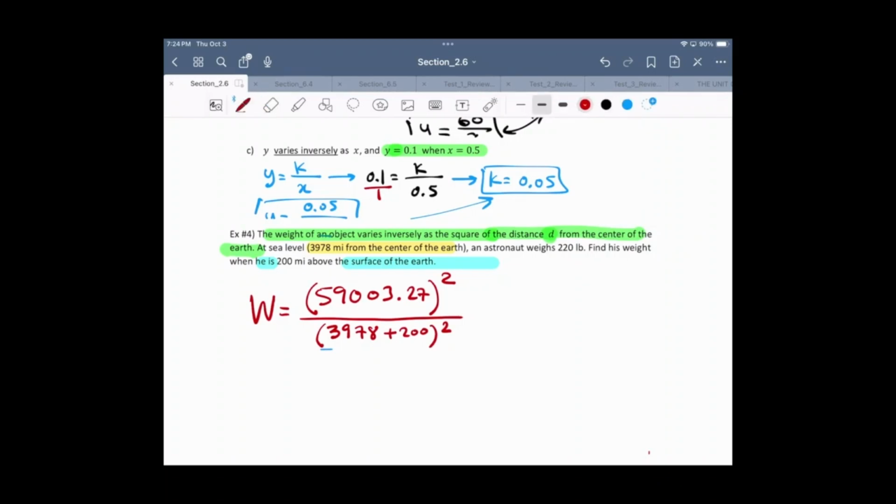So now the weight of the astronaut 200 miles above the surface of the Earth is as follows. In the numerator, we have this large number, 85,871, right? And divided by this, add the 200 with 3,978 and square that quantity, and hopefully you get the same value I have here.